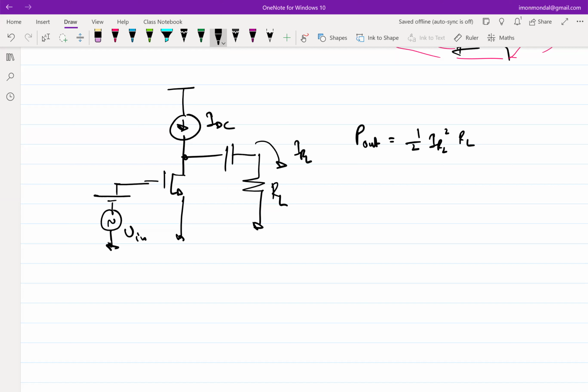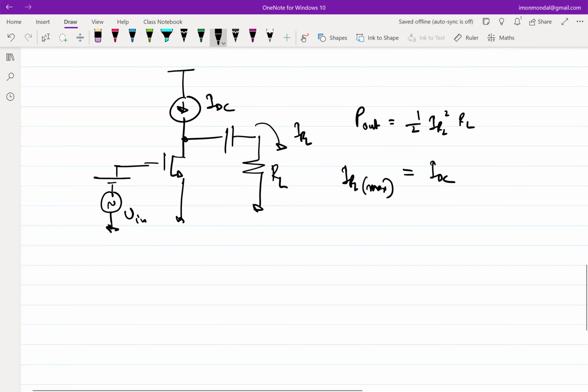So what is the maximum IRL that you can get? It will be IDC, right? So your P out max is half IDC square times RL. And if you are satisfying this criteria, what will be the voltage swing at this node?